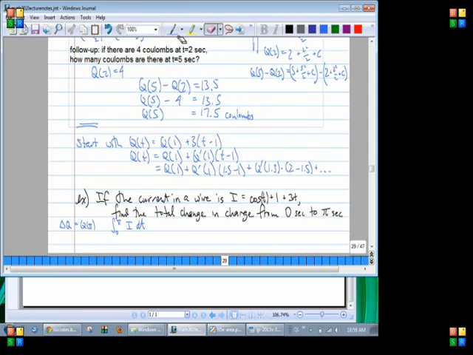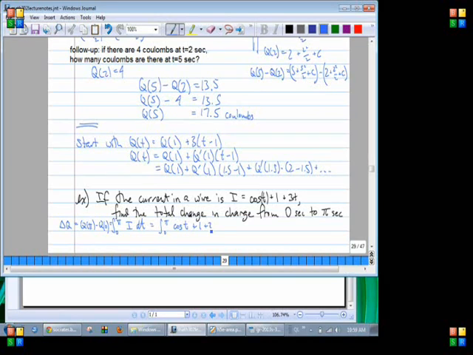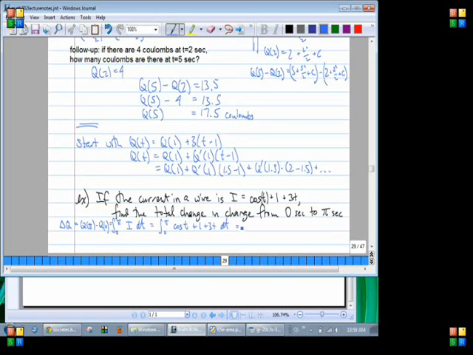So it's the integral from 0 to pi of cosine t plus 1 plus 3t dt. And that gives you what? Sine t plus t plus 3t squared over 2, from 0 to pi. At 0 it is 0.